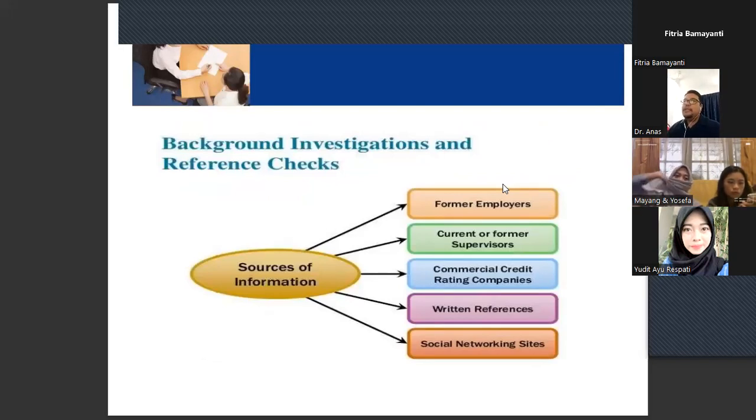So this is how companies check and get information on the prospect candidate.